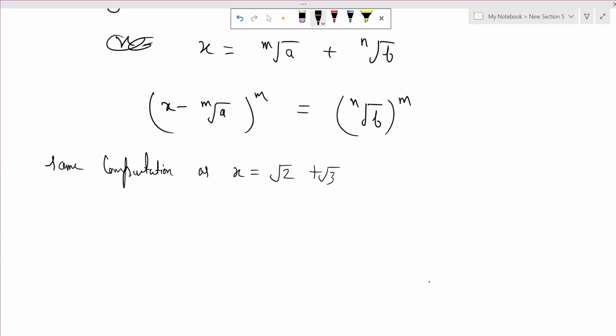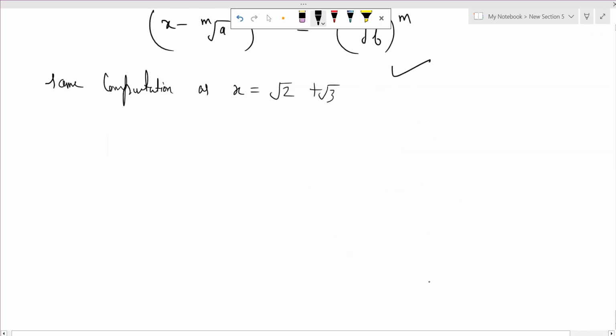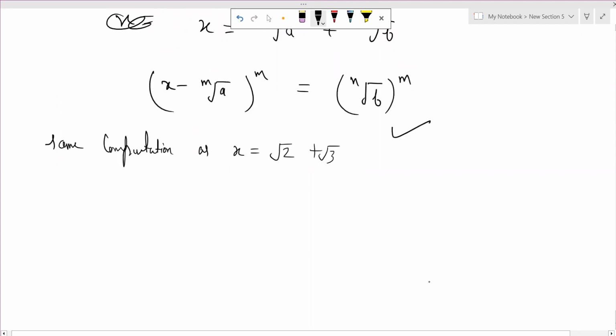So this will be true. I don't want to get stuck there because this is an easy computation.